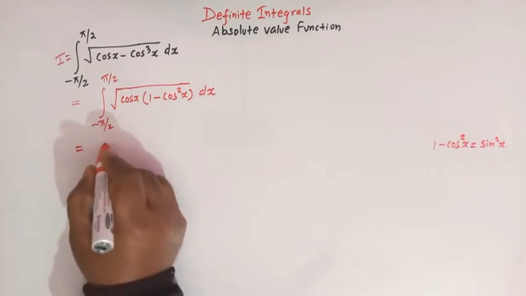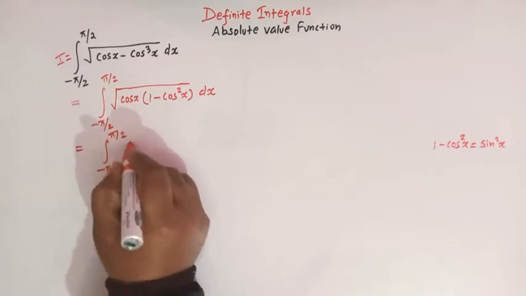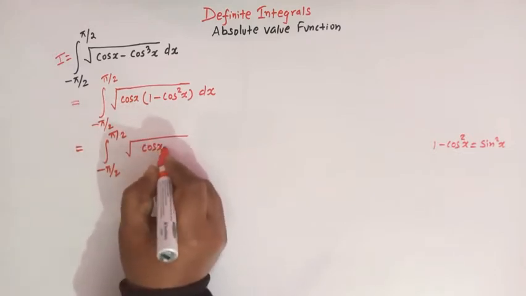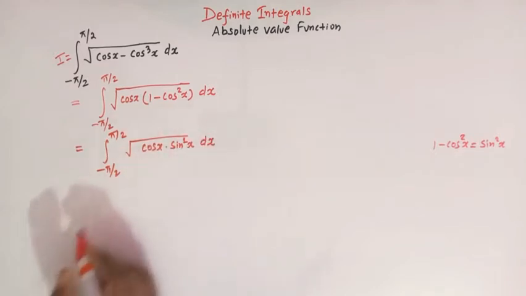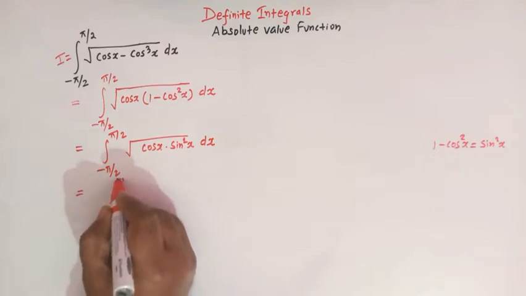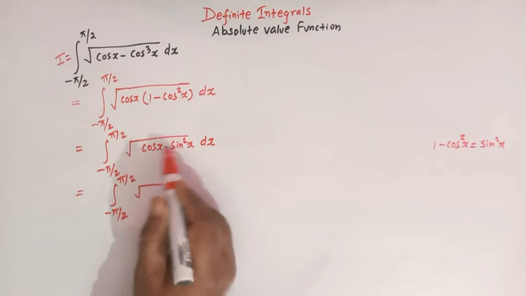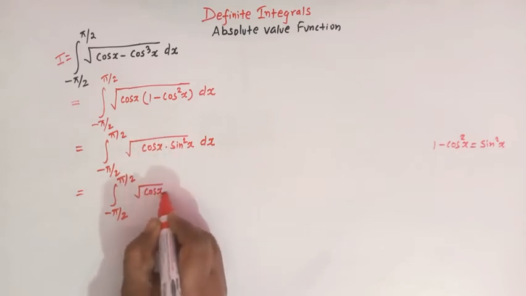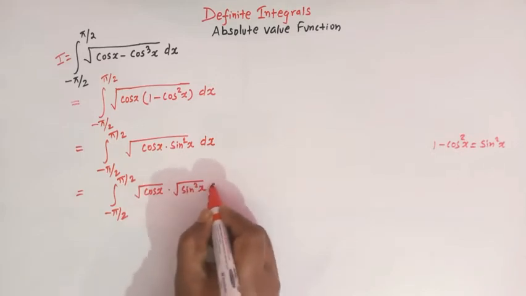So now this integral can be written from minus pi by 2 to pi by 2 of square root of cos x times sine square x. And this integrand can also be decomposed as square root of cos x times square root of sine square x.